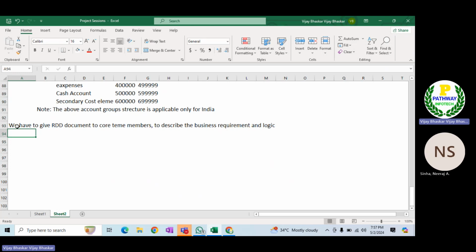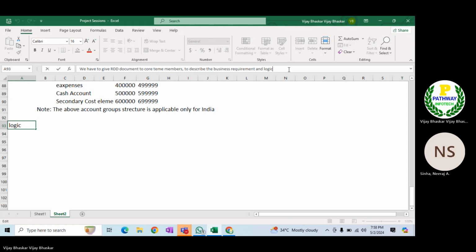Let's say the reporting structure will be based on the due date, or based on the overdue days, the reporting structure should be like this. They will give the logic, with some flows, with some diagrams, with some flow charts or PPTs.